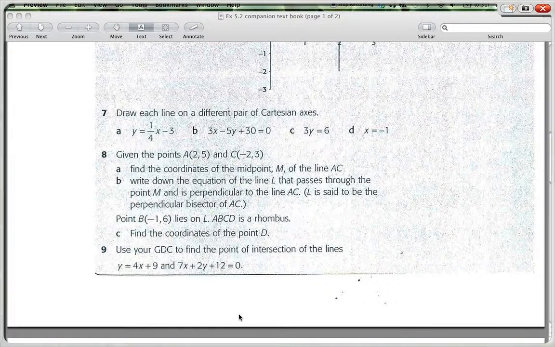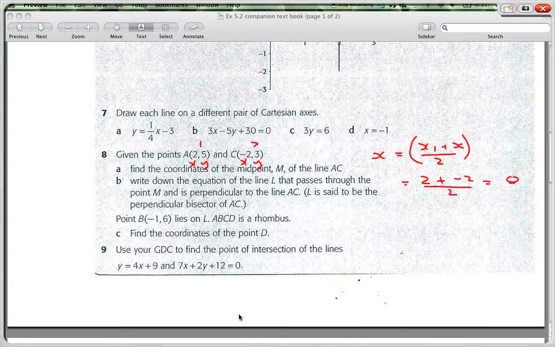So, given the points A and C, we want to find firstly the midpoint M. Now we know our formula to find the midpoint for x. We're just going to add x1 plus x2 over 2. So if I just call each one a point, this is obviously my xy, xy. So that's going to be 2 plus minus 2 over 2.